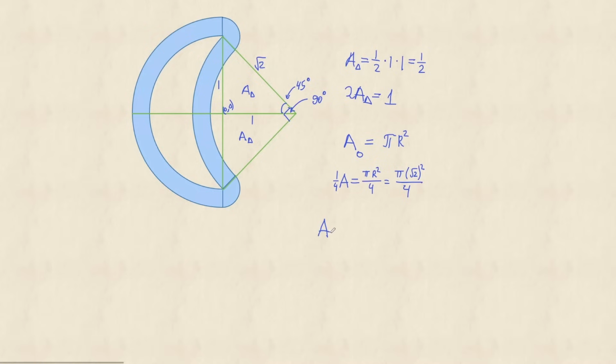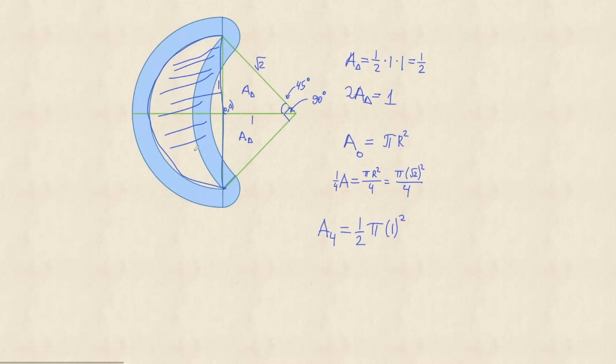Now we also need to find the area of half of the circle with radius 1. So area 4 is equal to 1/2 pi times 1 squared. And this is the area of this blue semicircle.